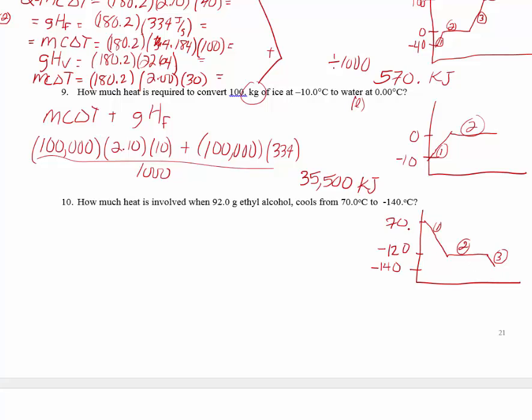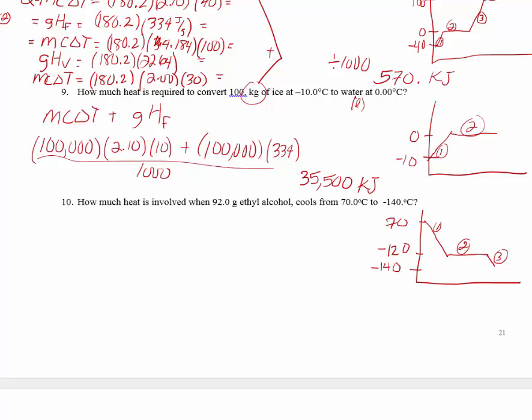Now, a couple things. All these temperature changes are going to be negative. Heat of fusion is negative. So each section is a negative Q. There are two ways you can do that. Make sure you have a negative temperature change, then a negative heat of fusion, then a negative temperature change, or just treat everything as positive and throw a negative at the end because you know it's all exothermic.